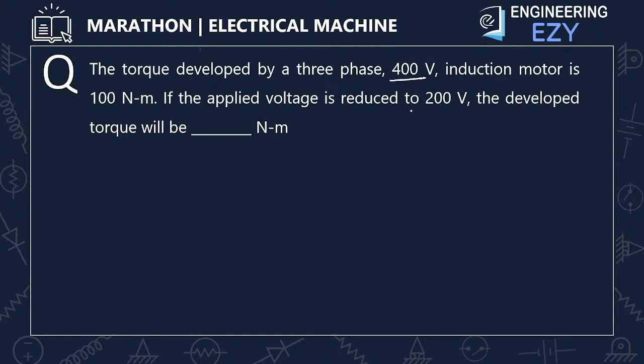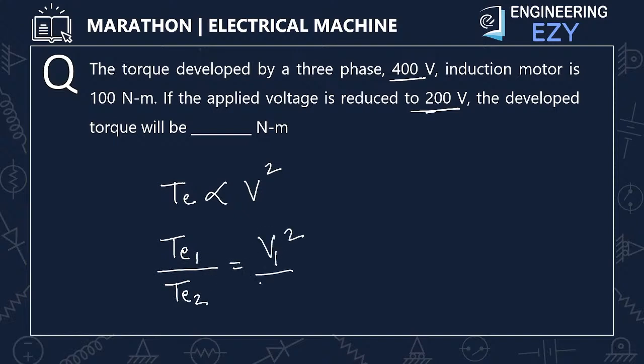In the second case, if the voltage is reduced to 200 volt, how much is the developed torque? So everyone knows the developed torque, the electromagnetic torque, is directly proportional to terminal voltage square or phase voltage square. Everyone knows this formula. So TE1, the first case developed torque, divided by the second case developed torque is equal to V1 square divided by V2 square.